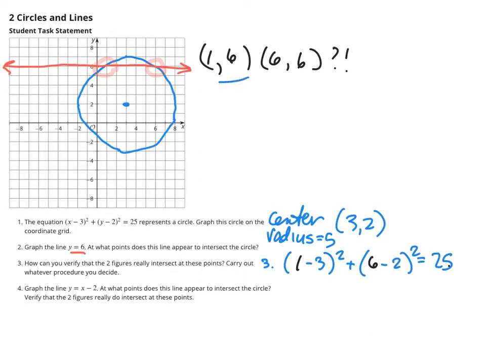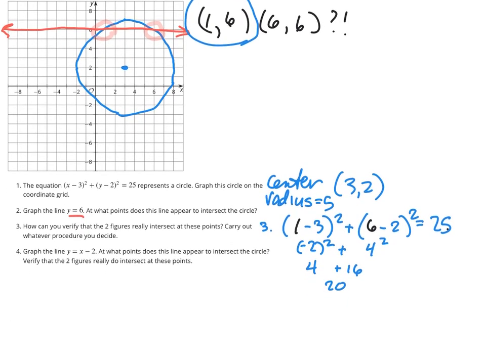So I'm testing this point first. 1 minus 3 is -2. Quantity squared is 4. 6 minus 2 is 4. Quantity squared is 16. That equals 20. So that doesn't work. All right, let's try another one.